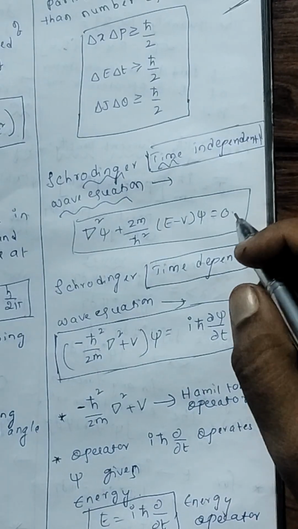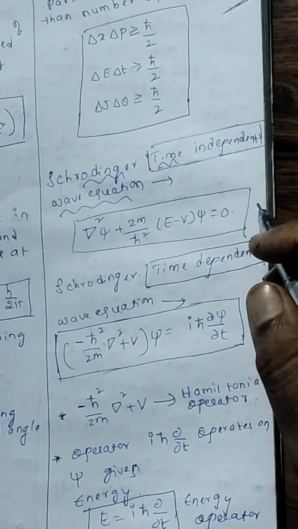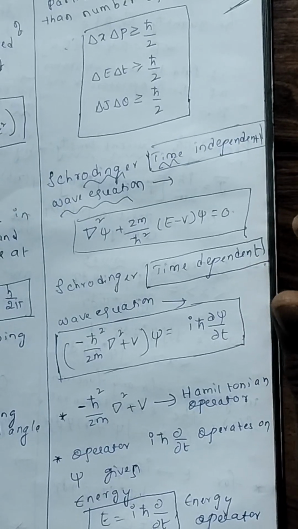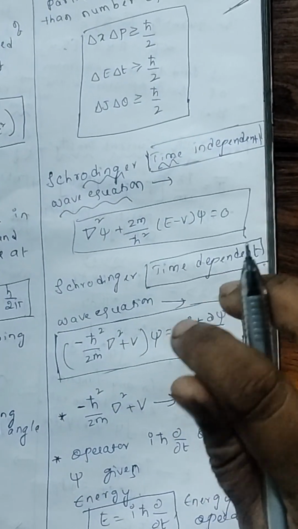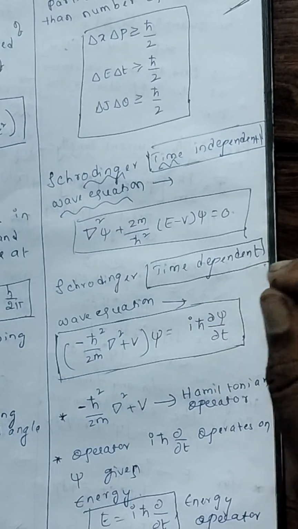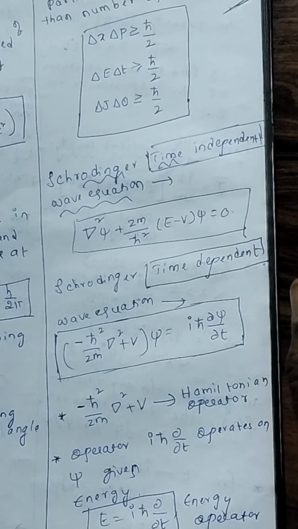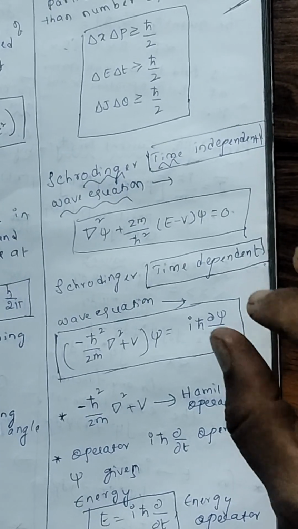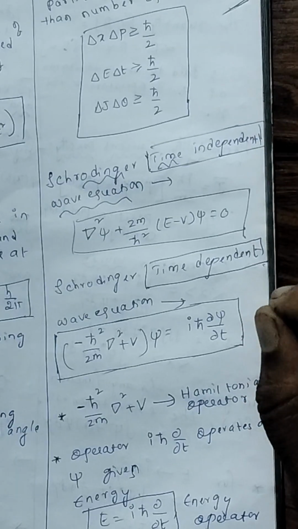Wave function means we can also say that it represents the probability amplitude of finding a particle at a certain point. What does the wave function represent? It represents the probability amplitude of finding the particle at a certain point in space.